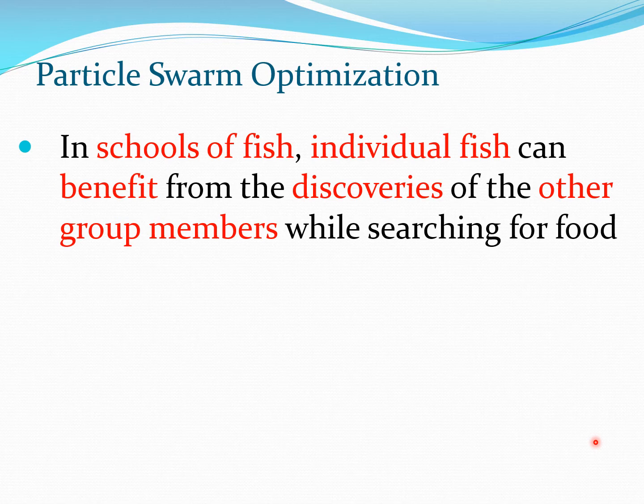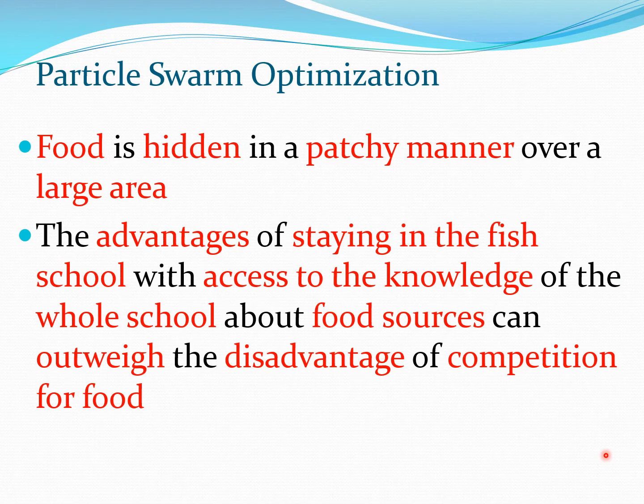Now, whenever we have a school of fish, for example, what happens is that each fish essentially benefits from the discoveries which the different group members make while searching for food. For example, you can picture the sea in a manner where food is located in a patchy manner throughout this sea. Now, when fish stay in a school, they have access to the knowledge of the whole school regarding the food sources.